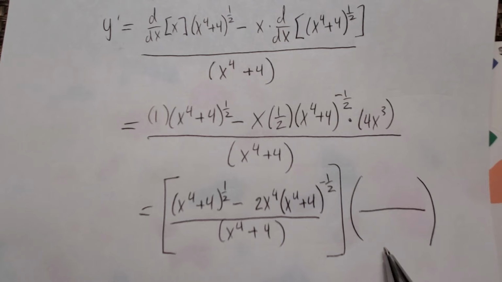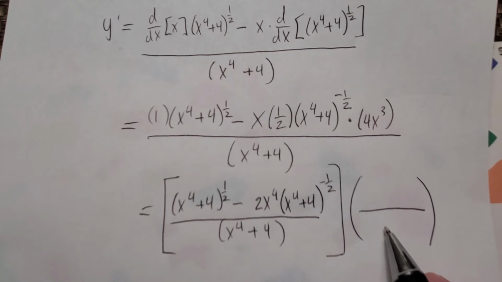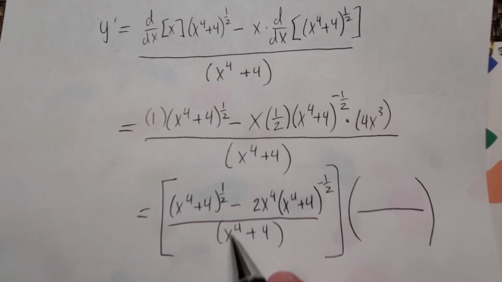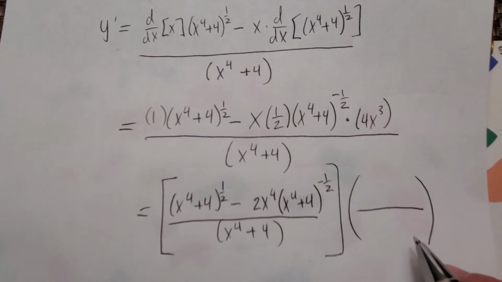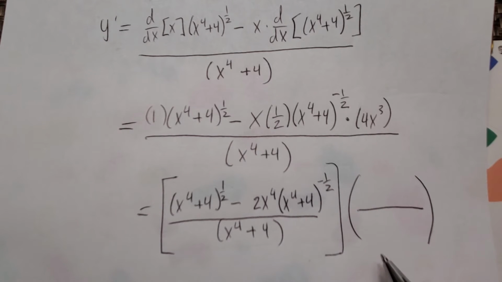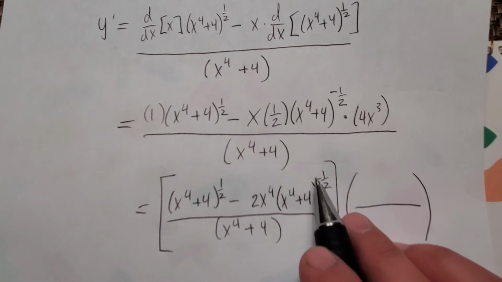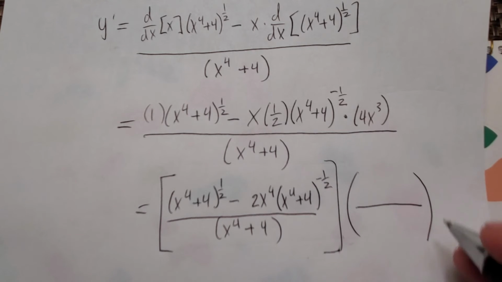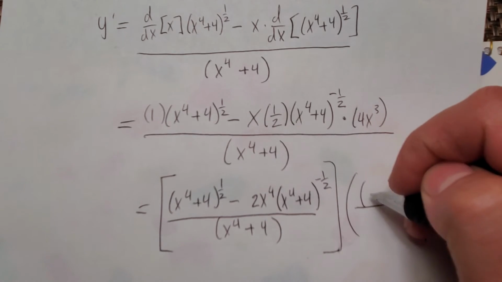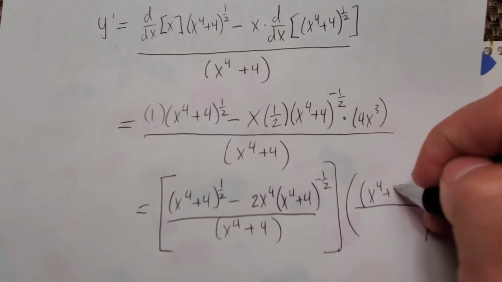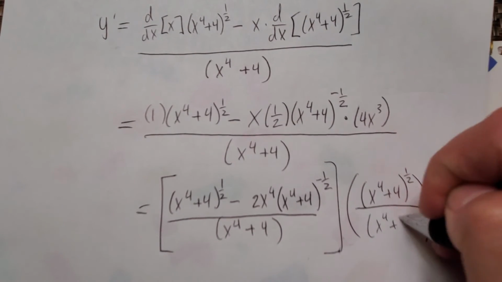And the reason is that multiplying by something over itself is essentially multiplying by 1, which does not change the function overall. Now we just got to decide, what are we going to multiply by? Well, to get rid of the x to the 4th plus 4 to the negative 1/2, I'm going to have to multiply top and bottom by x to the 4th plus 4 to the positive 1/2 over itself.